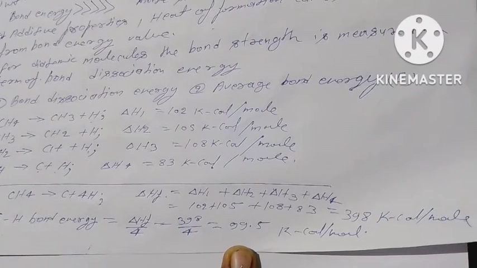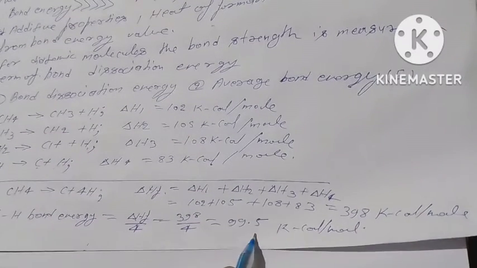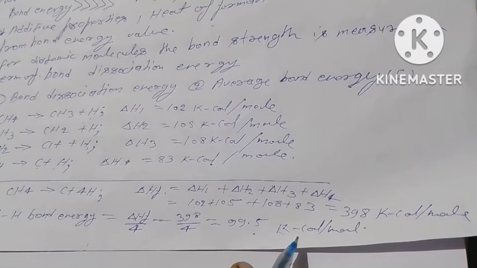Hence the average bond energy E for methane molecule is 99.5 kilocalorie per mole.